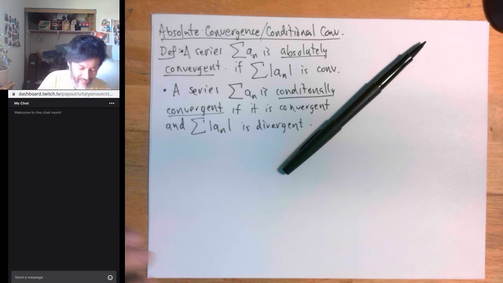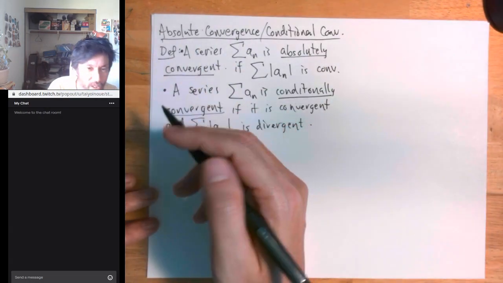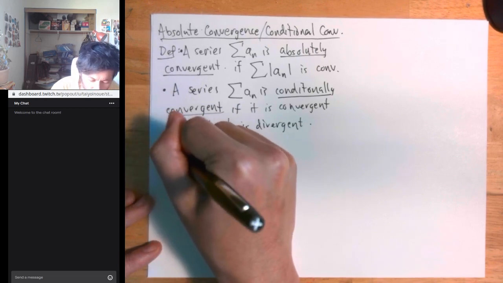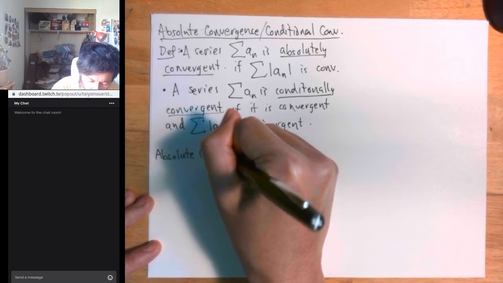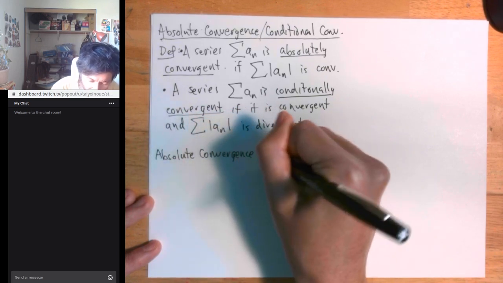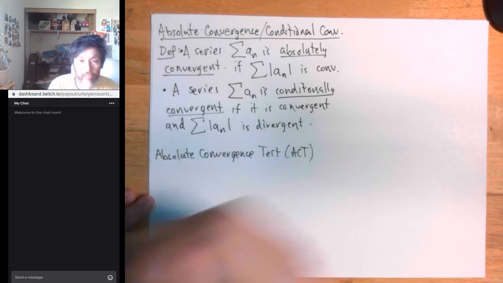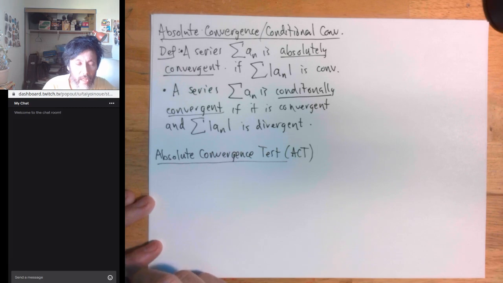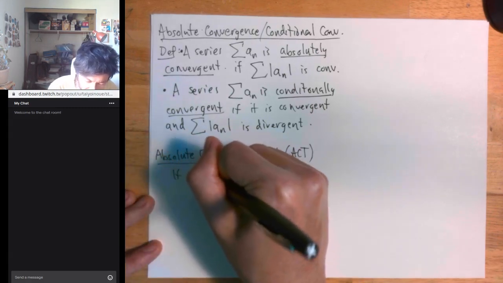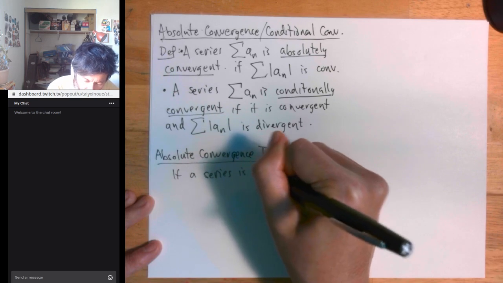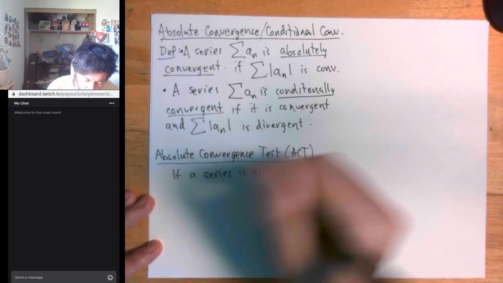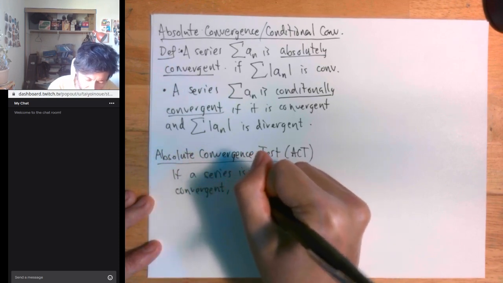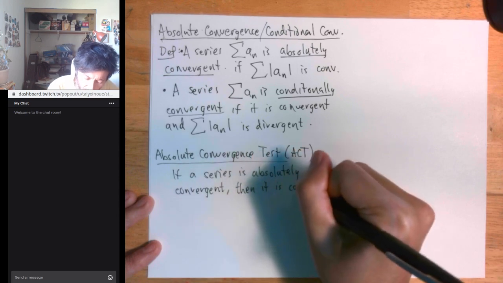The answer is no. And there's something called the absolute convergence test, which delivers the death blow to that idea. We'll abbreviate this ACT. Here is what it says: if a series is absolutely convergent, then it is convergent.